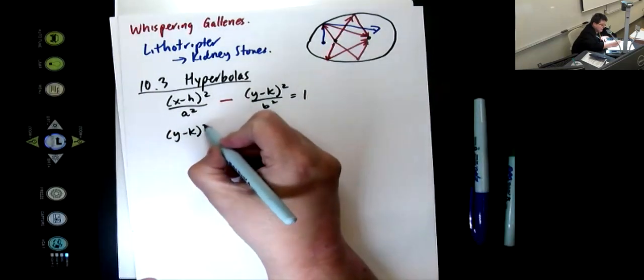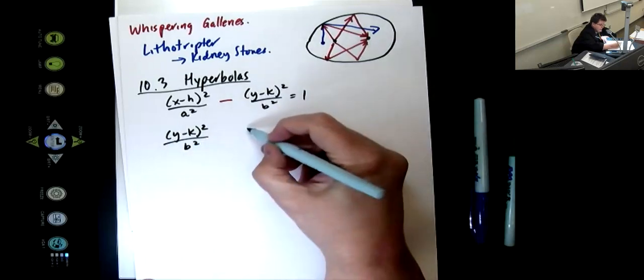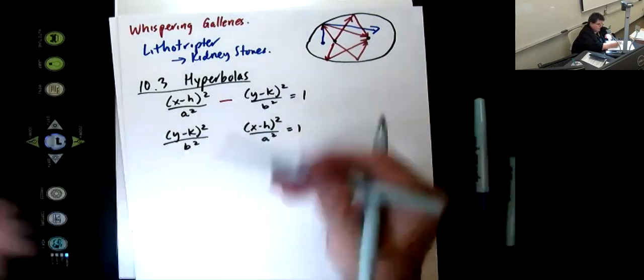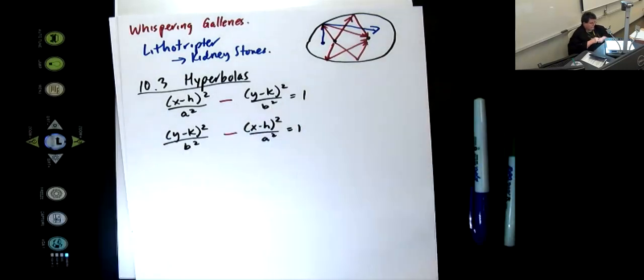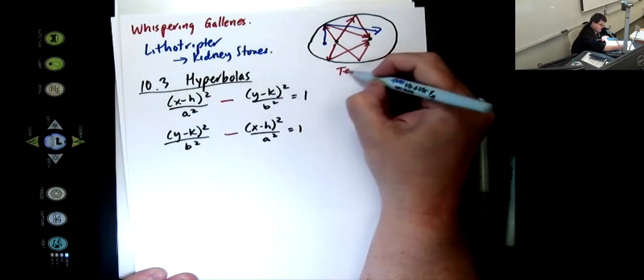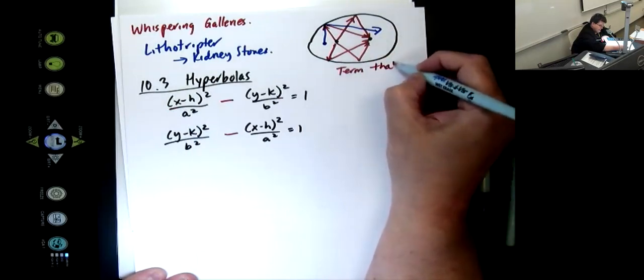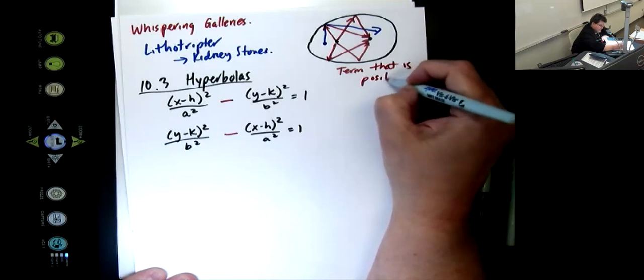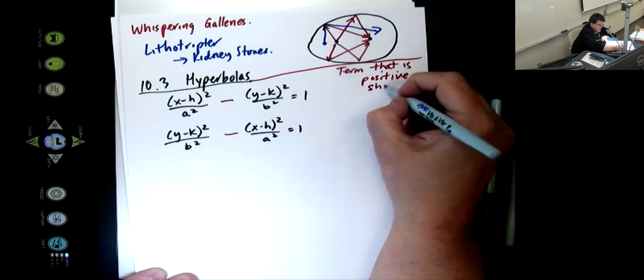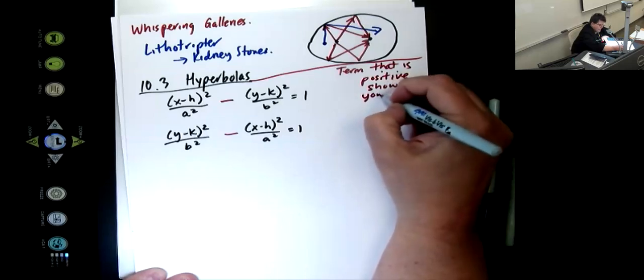We would do the y one first, y minus x. The term that's positive shows you how the hyperbola is open.